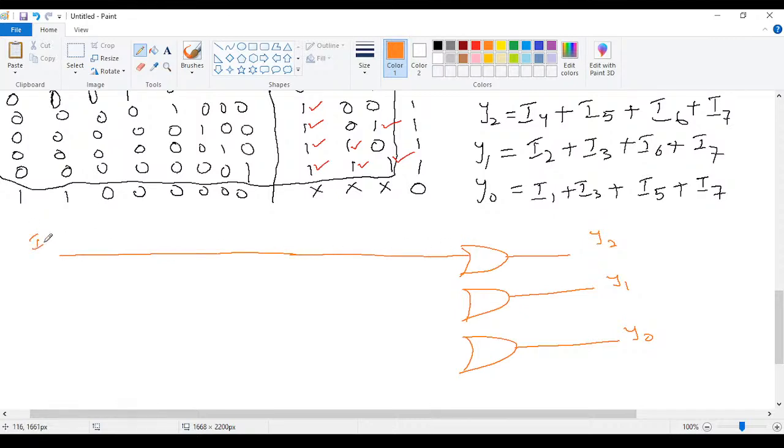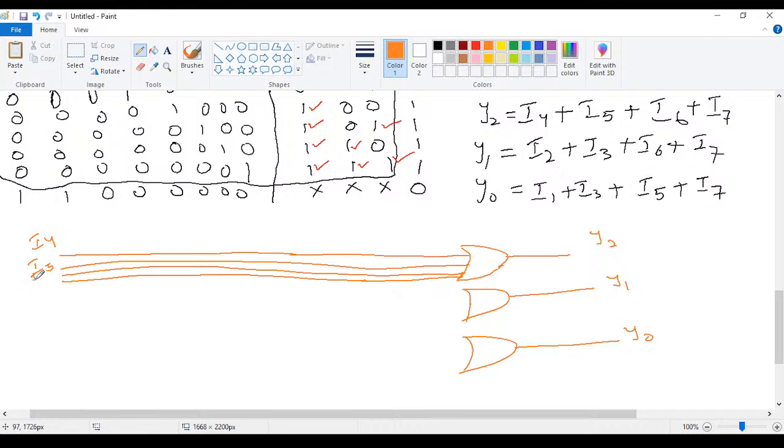This will be I4, and I5, I6 and I7. So we draw a big one, and here this is I4, this is I5, this is I6 and this is I7.